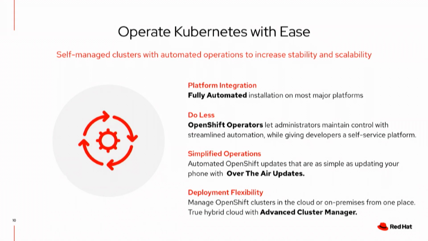And then we have simplified operations, easier updating of the OpenShift cluster itself with over-the-air updates that, like I said, become as easy as a single button click. And the ability to manage multiple OpenShift clusters in a variety of cloud and on-prem environments at the same time.